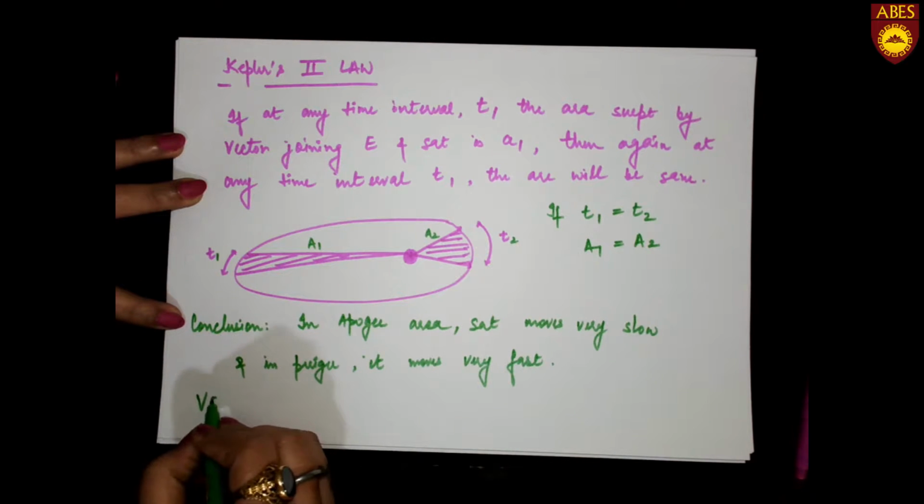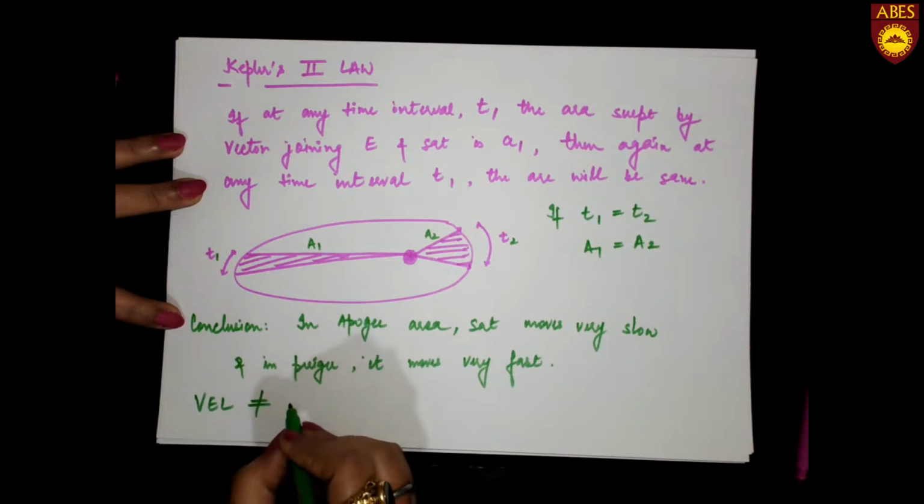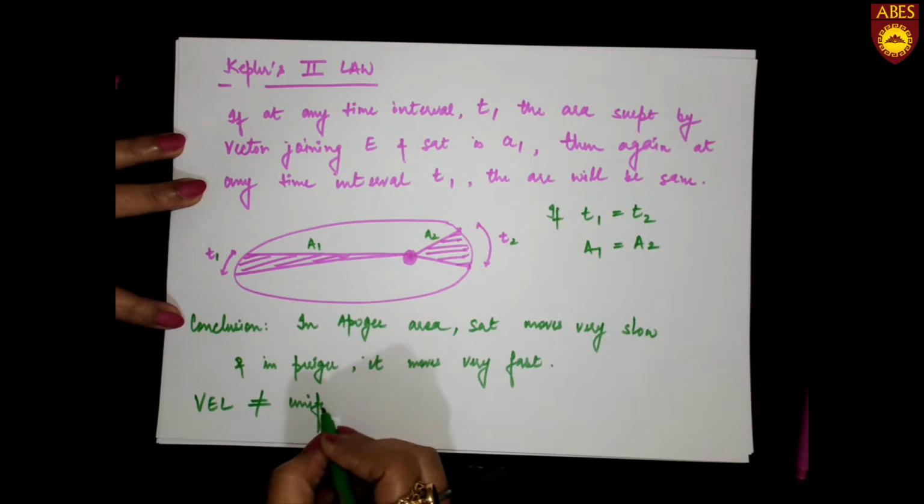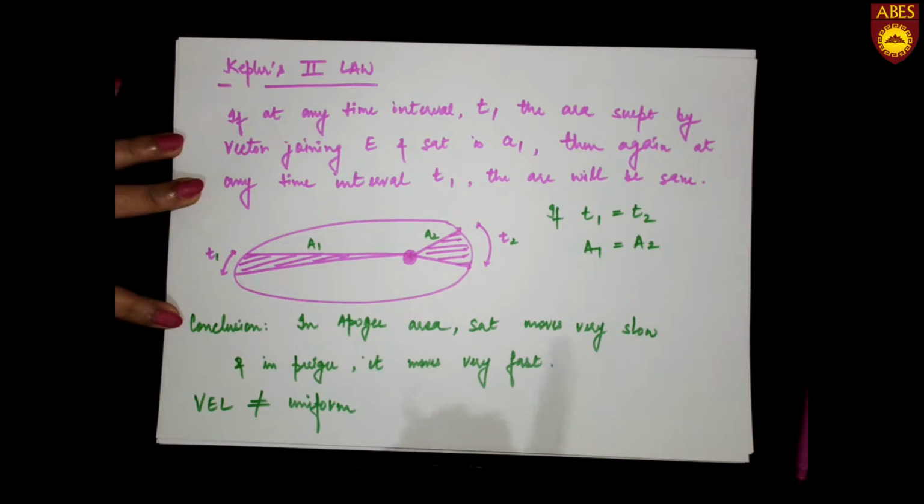So velocity is not uniform. How can we come to this conclusion?